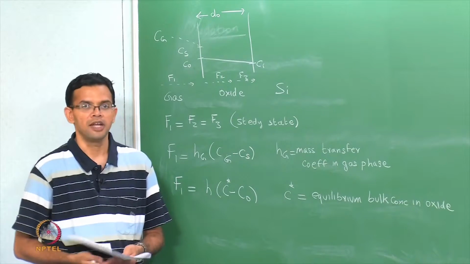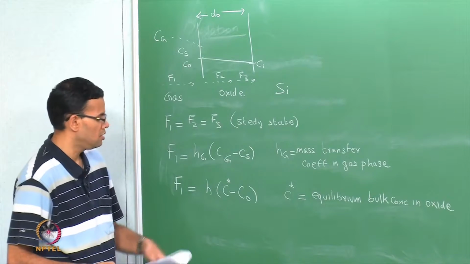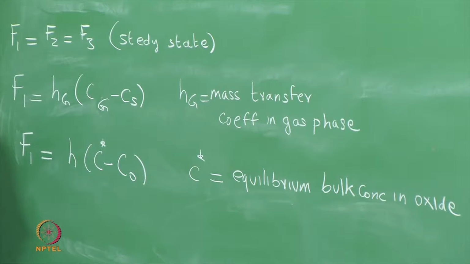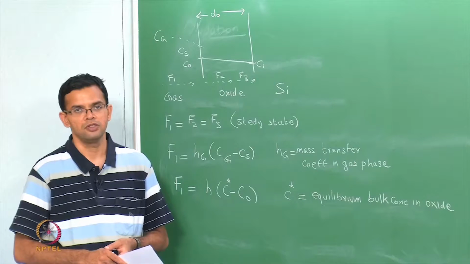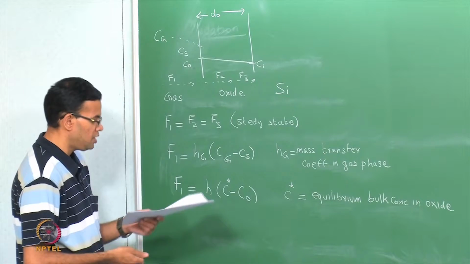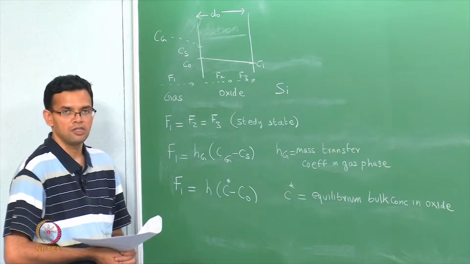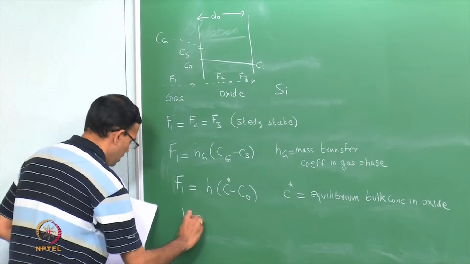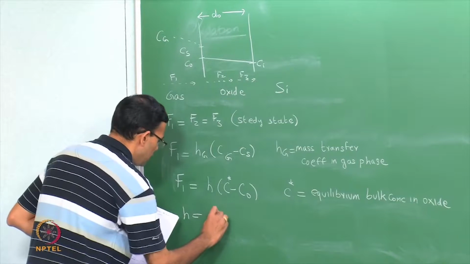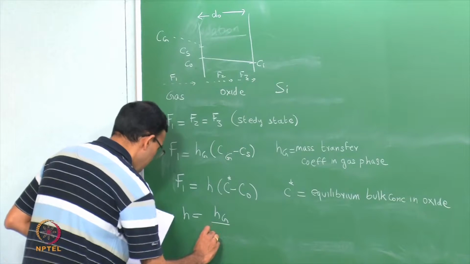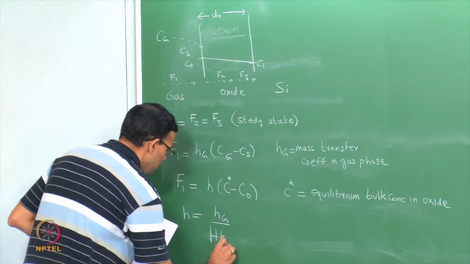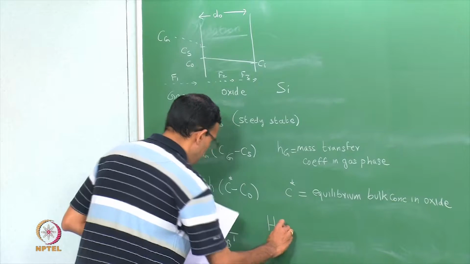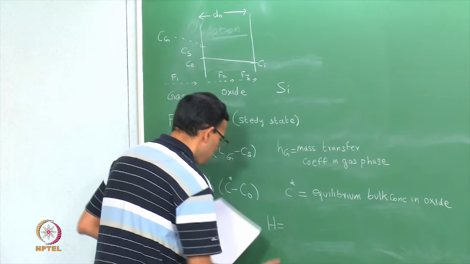So, in the case of dry oxidation, the gas species that is diffusing is O2. In the case of wet oxidation, the species that is diffusing is steam. So, C star is your bulk concentration in the oxide. H is related to Hg by Henry's law. So, it is Hg divided by H times Boltzmann constant times temperature, where H is the Henry's law constant.